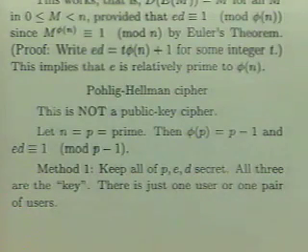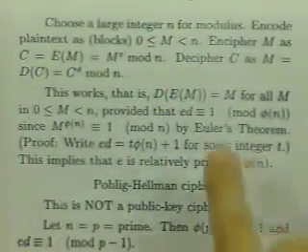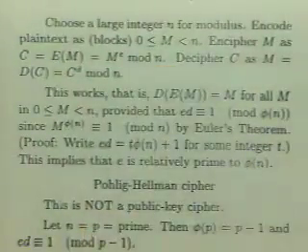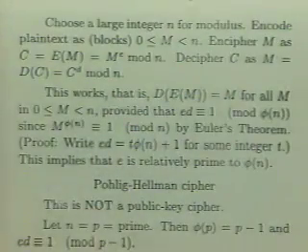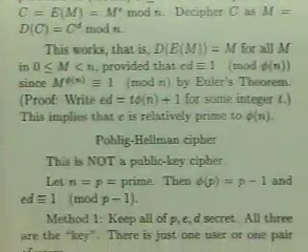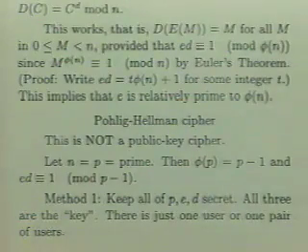Then they can communicate. The first person enciphers a message M by raising it to the e power modulo n, sends the ciphertext to the other person, and the other person deciphers it by raising C to the power d modulo n, and this recovers M.